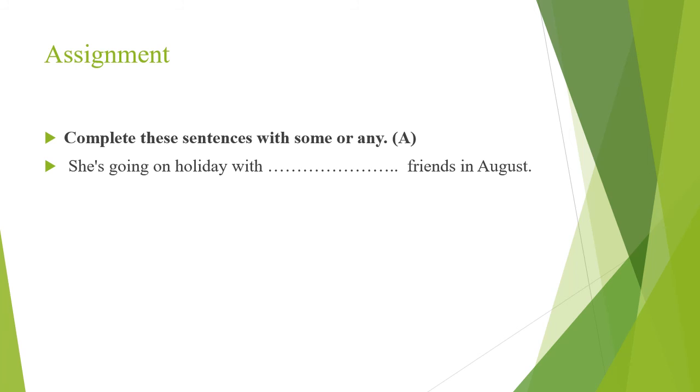Use either some or any. Number one, she's going on holiday with friends in August. Use some or any. You remember the rule. Or you have to step back to the grammatical rule of using some and any.